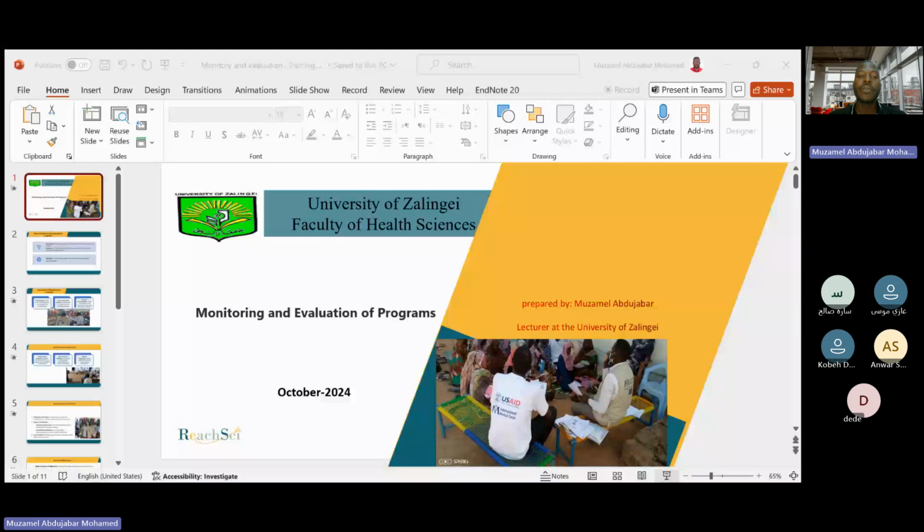In addition, it informs decision making, when they provide the data and guide decisions about the programs. With monitoring and evaluation, you collect the information and the data. This data lets you be aware of how the program is going.